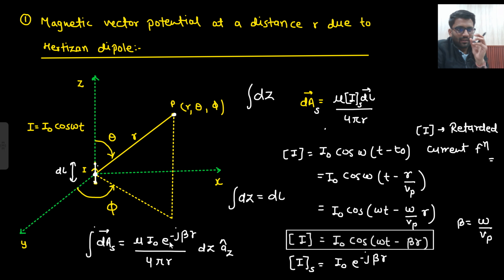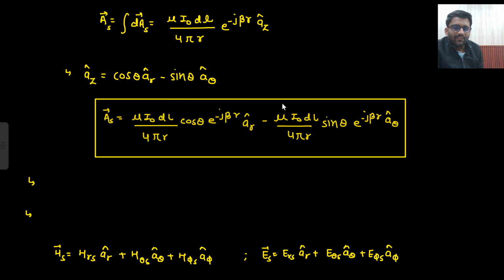This is a very good confusion actually. In a lot of aspirants, there is a confusion that, sir, in the final expression we write down mu naught I dl over 4 pi r e to the power minus j beta r az cap. So sir, does that mean this dl still we need to integrate? It is written that the A_S vector is equal to mu I dl over 4 pi r e to the power minus j beta r az cap.